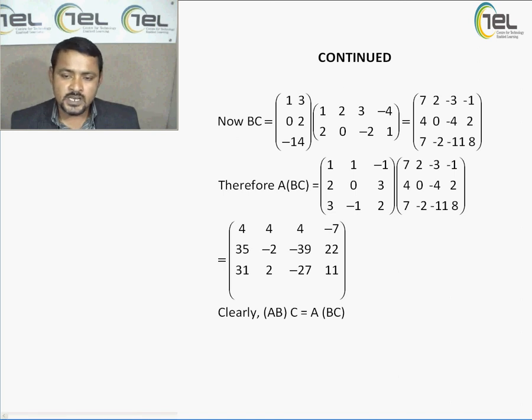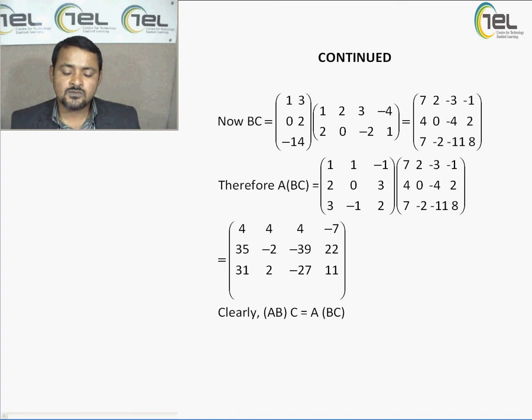First row 3 numbers with first column, with second column, with third column, with fourth column. Write that in the first row of the resultant matrix. Similarly, we multiply second row with all the 4 columns and write that in the second row of the new matrix.